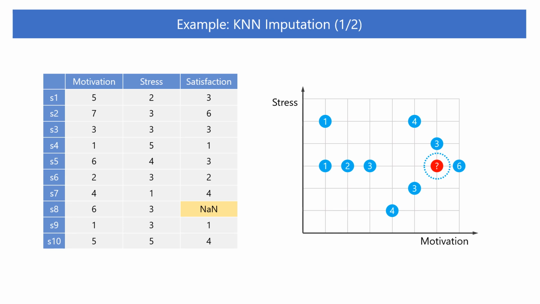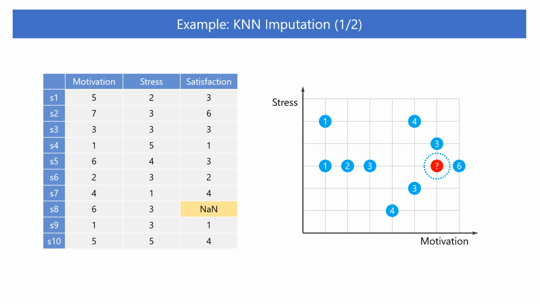Here, we set K to 3 and use the KNN method to estimate the job satisfaction of the red data point. We identify the 3 data points that are closest to the red data point based on the Euclidean distance between the values of motivation and stress.